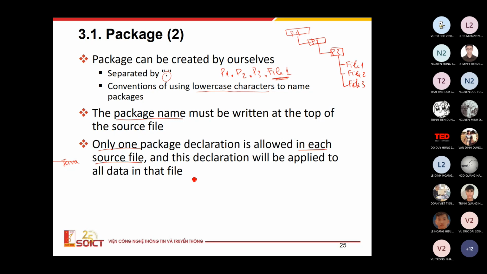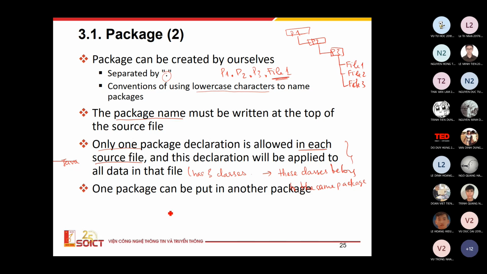For example, that file has 3 classes, so all of these classes belong to the same package. Yeah, this is what this sentence says. Okay, and one package can be put in another package, like this directory. You can put a nested package.